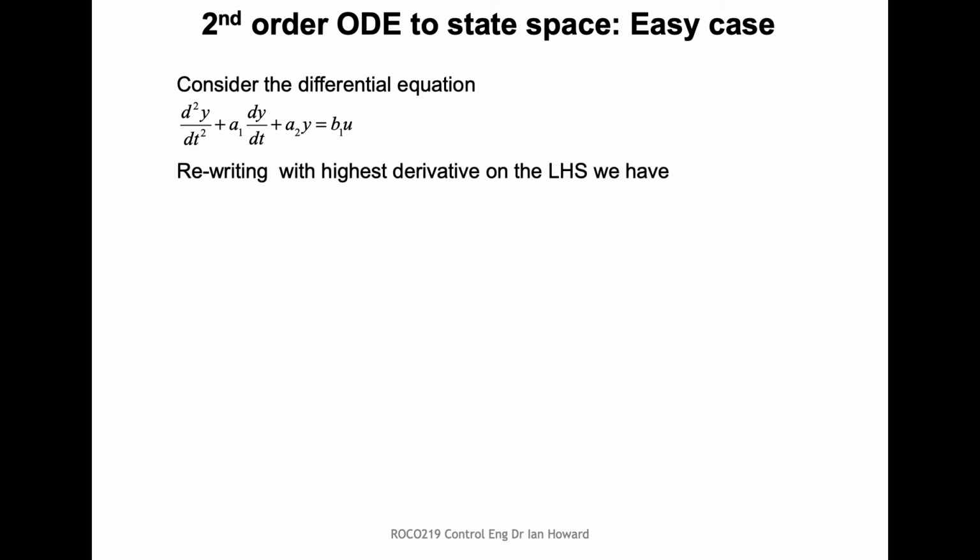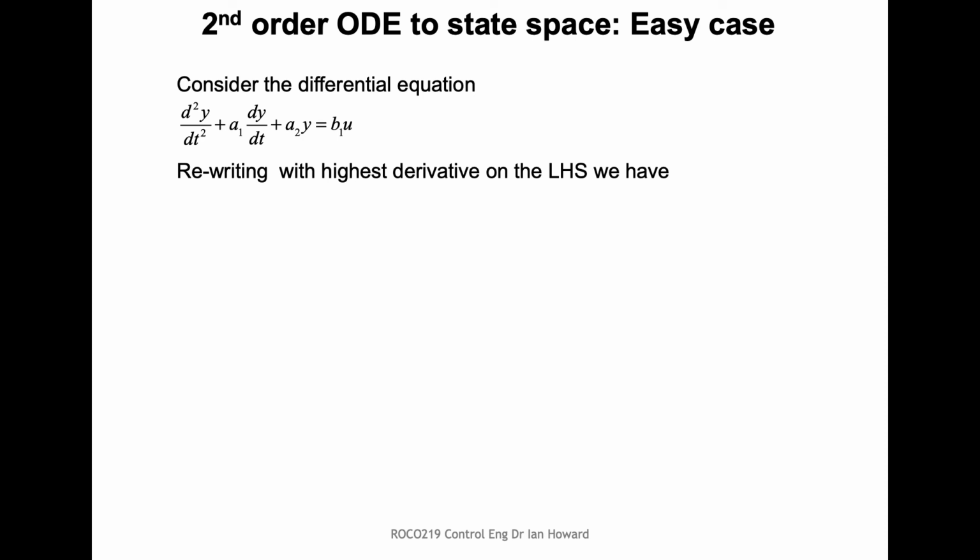What I tend to do also, by the way, even when I'm analysing something from a real system, is generally write it in a compact way like this, with no coefficient in front of the d squared y dt squared, a coefficient in front of the first differential, another coefficient in front of the no differential term, and another coefficient in front of the control term. Even if these expressions a1 and a2 and b1 are actually quite complicated, I find it helps to break it down in this way.